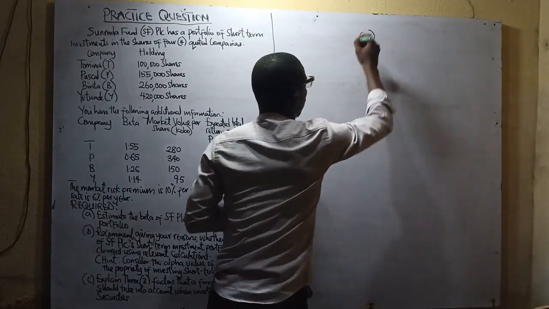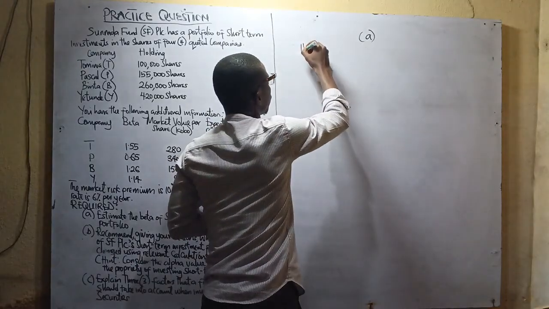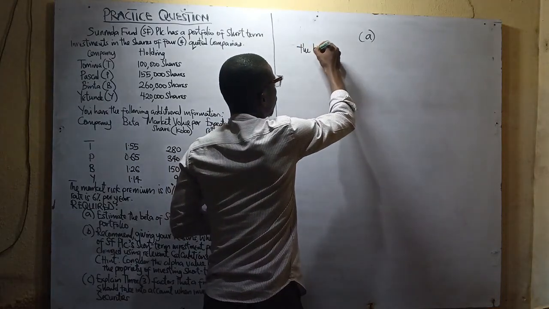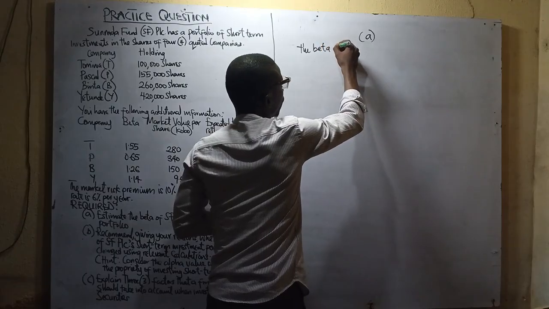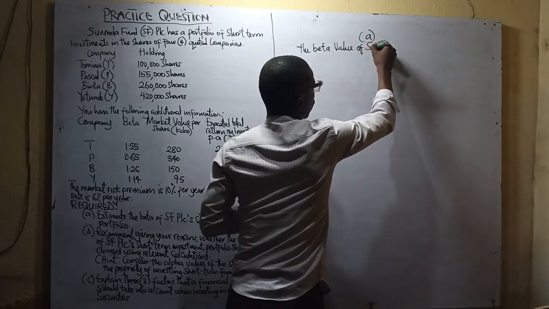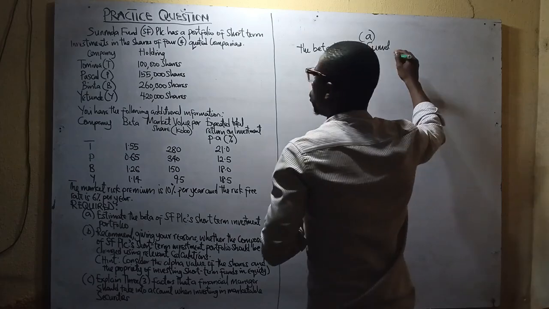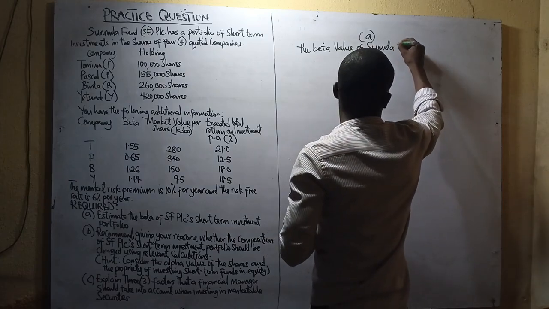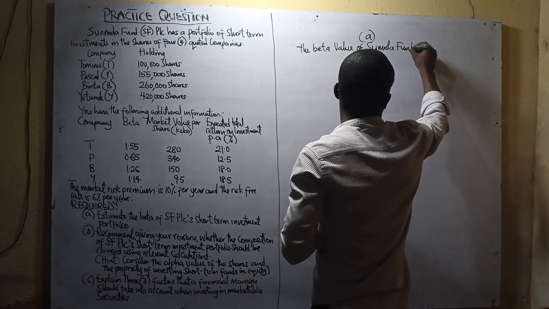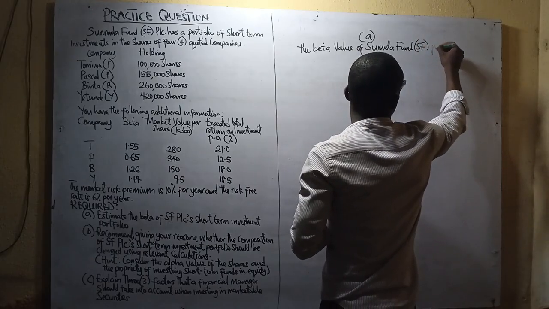So for A, we have to calculate the beta value of the Sumola Funds, SF, portfolio.